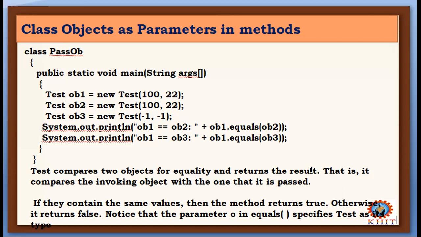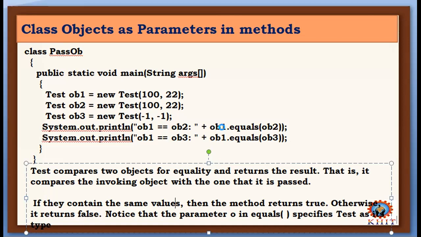It compares two objects for equality and returns the result, that is, it compares the invoking object. So ob2 is compared with ob1, and next time ob3 is compared with ob1. If they contain the same value, the method returns true, otherwise it returns false. So according to the program, one will return true and the second will return false.